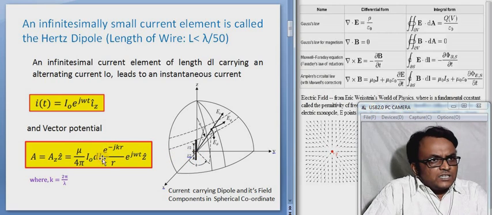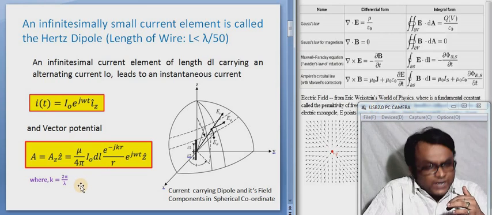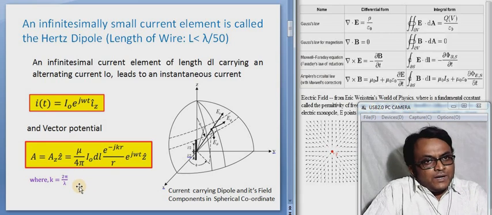In addition, the vector potential will have the term e to the power minus j k r by r, as it is a propagating electric field, where k is the wave propagation constant, that is 2 pi by lambda.